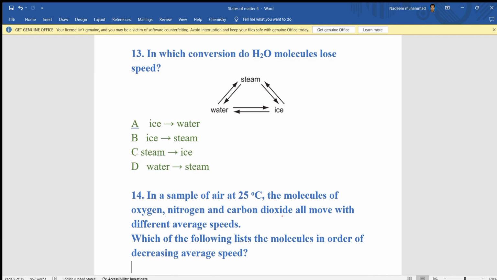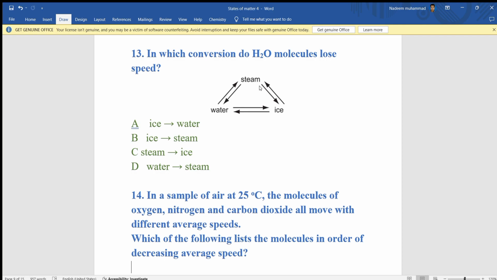Thirteenth is, in which conversion do water molecules lose speed? So we know that speed, or movement, depends on kinetic energy.